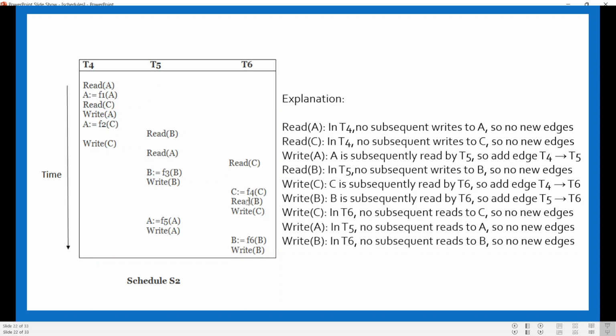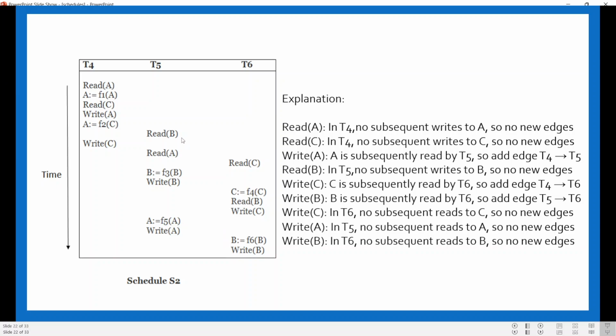Next is write C. There is no read C after it, so no new edges. Now the next operation is write A. There are no subsequent reads to A, so there is no edge. Next one is write B. There are no subsequent reads to B, so no new edges.